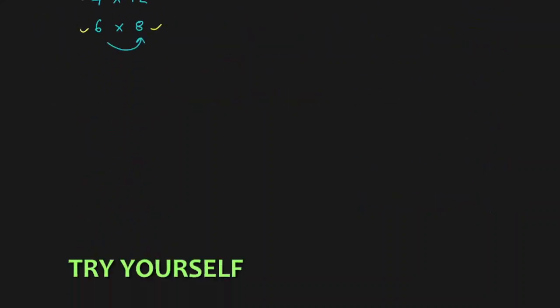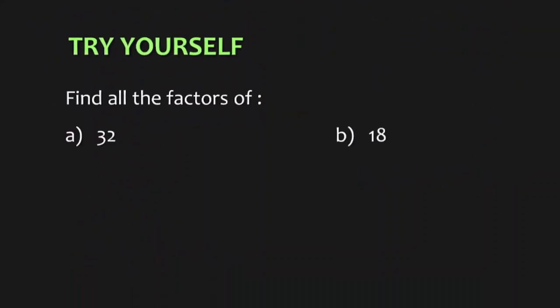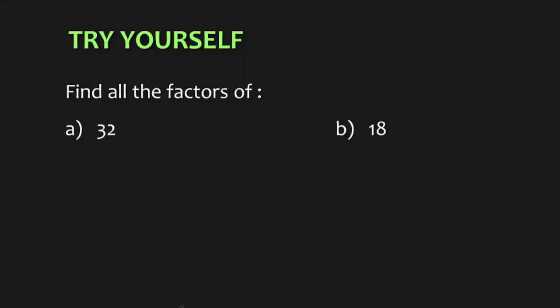Next, try yourself. Try to find all the factors of these two numbers, 32 and 18. You can pause the video and try it. For 32, you must have found 1, 2, 4, 8, 16, and since 16 is half of 32, next number is going to be 32.